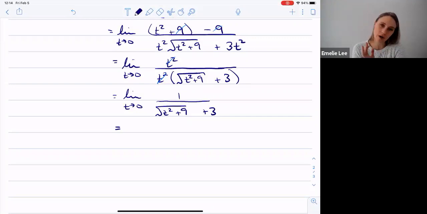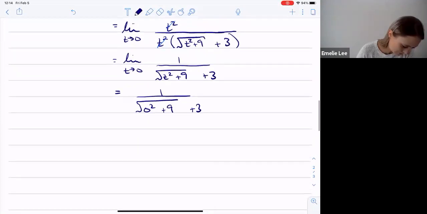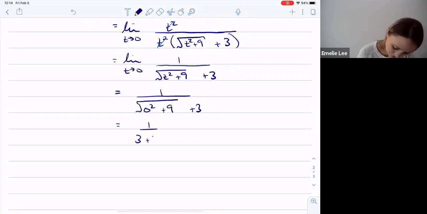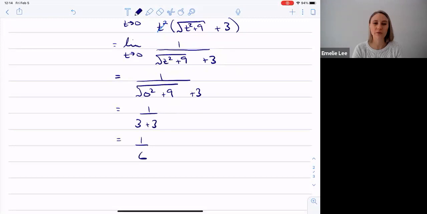So this is the same as 1 over the root of 0 squared plus 9 plus 3, which is the same as 1 over 3 plus 3, 1 over 6.